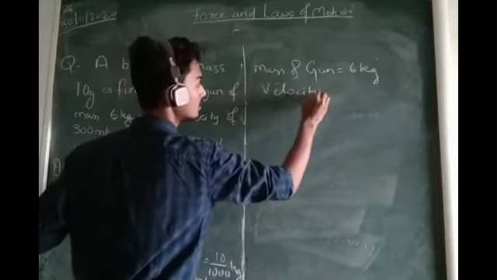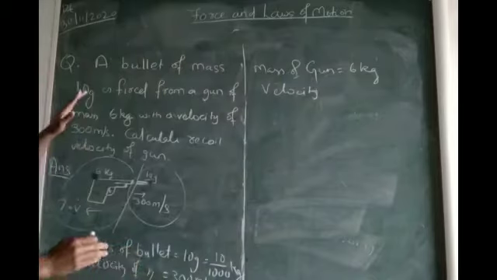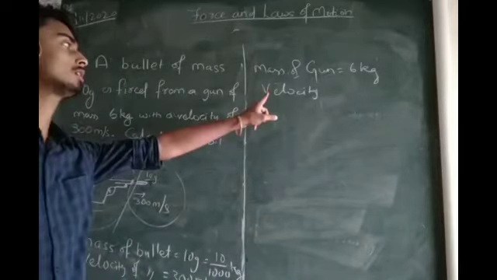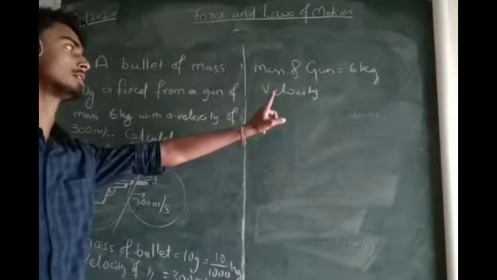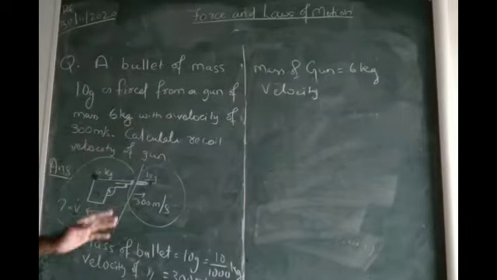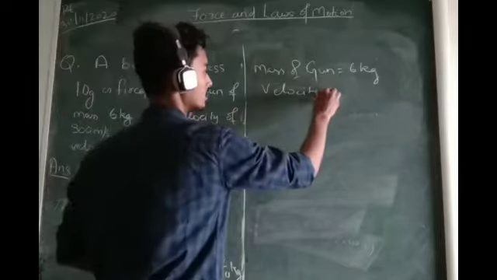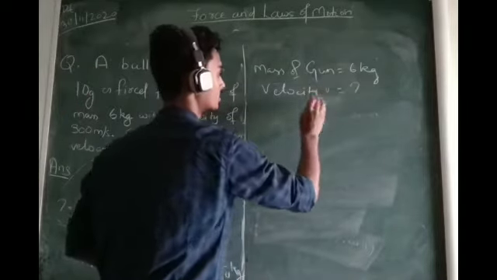Whenever we solve a question related to conservation of momentum, it will give everything except one thing, and it will ask us to find that thing. Here you can see everything is given, only the velocity of the gun is not given, and it asks us to find out this velocity.